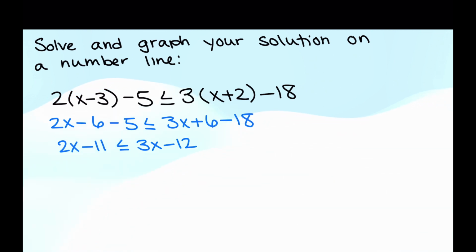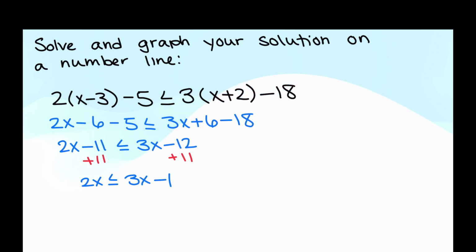So I'm now left with the inequality 2x minus 11 less than or equal to 3x minus 12. I'm going to put the x's on the left and the constants on the right. So that means we have to add 11 to both sides. Now we're left with 2x less than or equal to 3x minus 1.